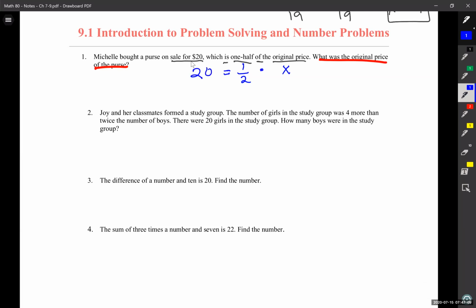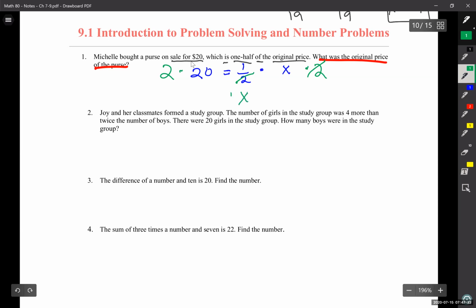Okay, so it says 20 equals 1/2 times X. Now to undo that 1/2 times X, I'm going to multiply by the reciprocal. So I'm going to multiply both sides by 2, because that way the 2 and the 1/2 will cancel out. And we see that X equals 40.